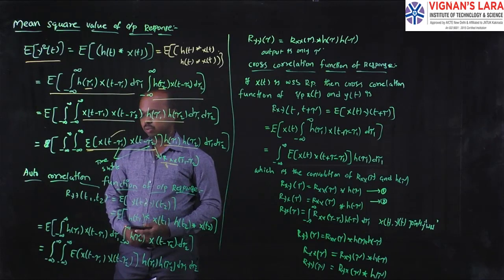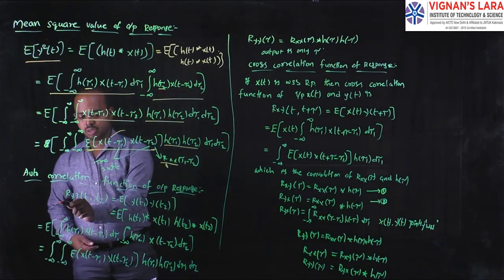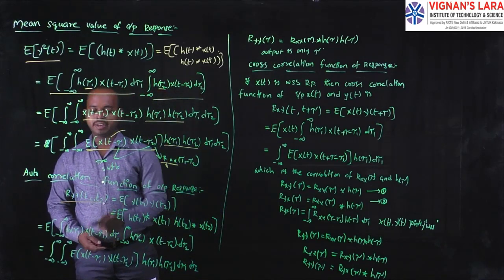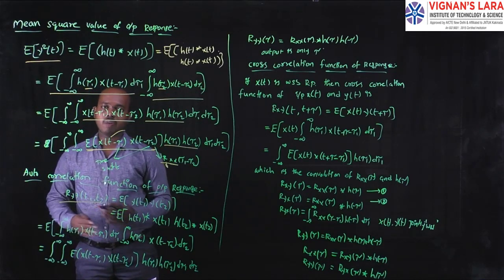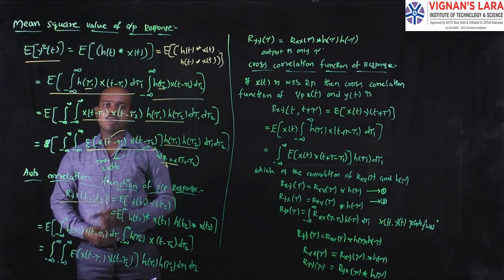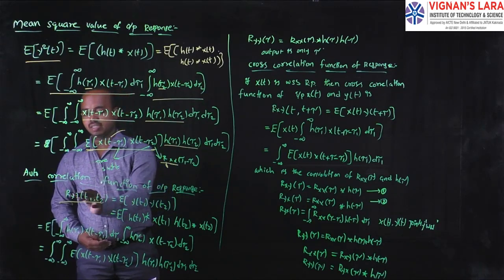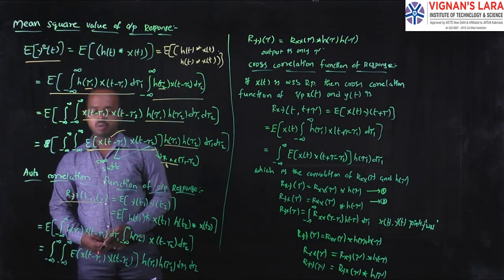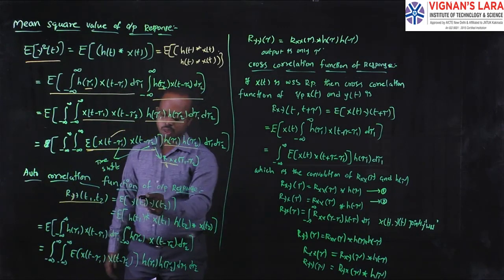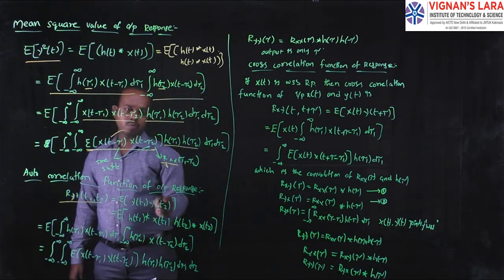For this, consider the basic definition of autocorrelation, Ryy. The y parameter is the output of our system. That's why you consider Ryy of t1 comma t2 equal to the expectation of y of t1 and y of t2.